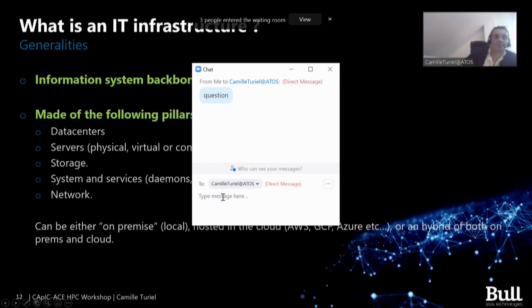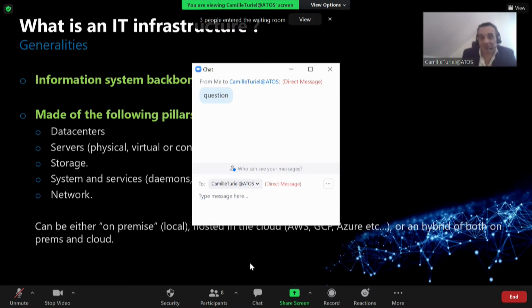In the data centers, we generally are hosting servers or farms of servers. I don't know if you are all familiar with data centers, but I hope so. If not, I don't have a lot of pictures to show you today, but maybe tomorrow I will come back with something more elaborate.